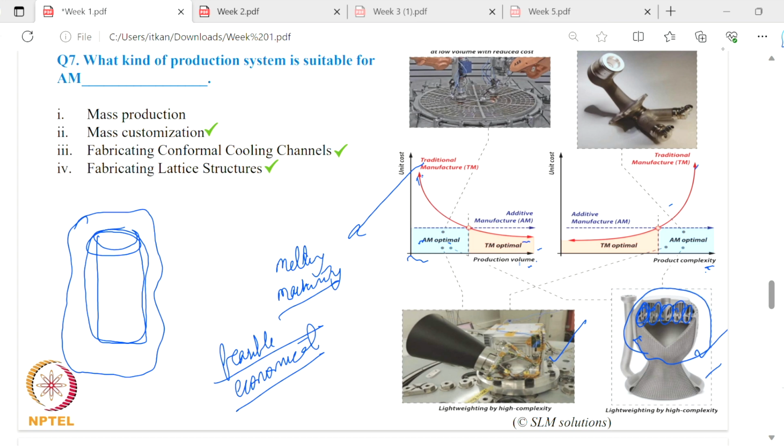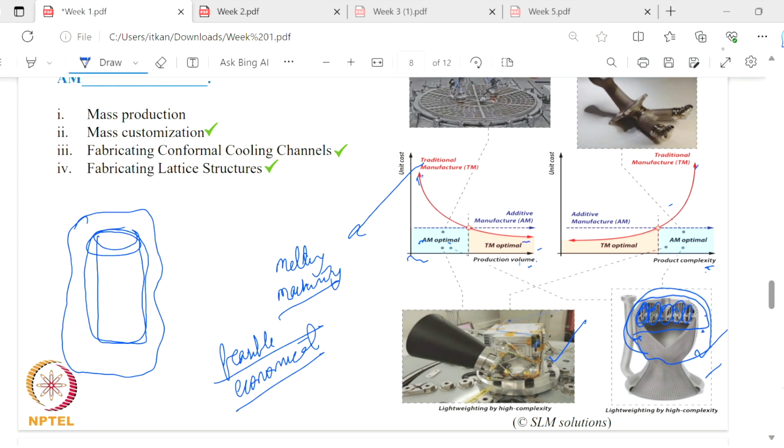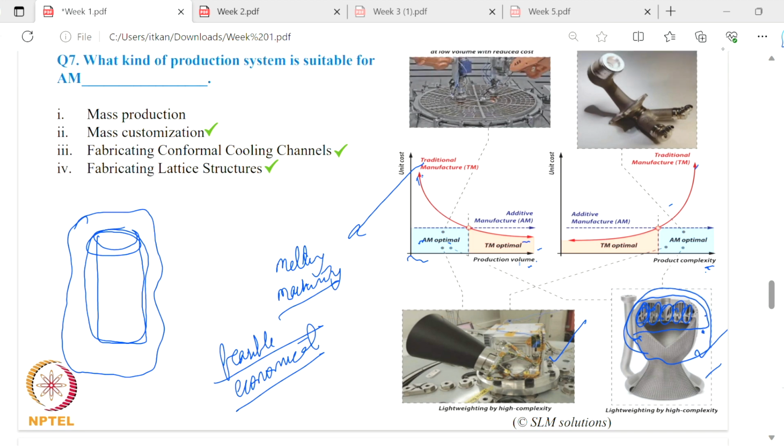Before, it was not possible to manufacture this type of conformal cooling channel, but now it is possible. In the traditional manufacturing process, it is not possible to manufacture such cooling channels. Now we can print them using the additive manufacturing process. So it is economical when the complexity is very high.